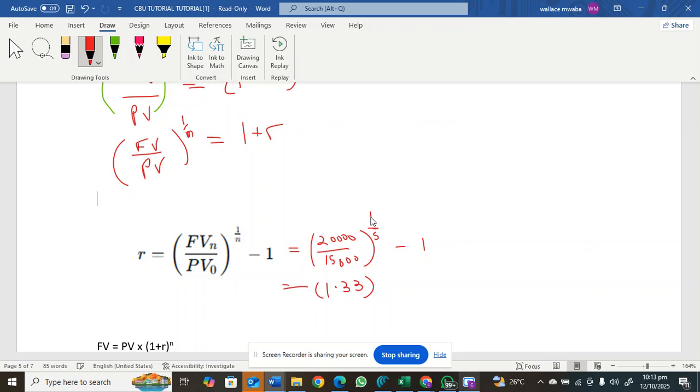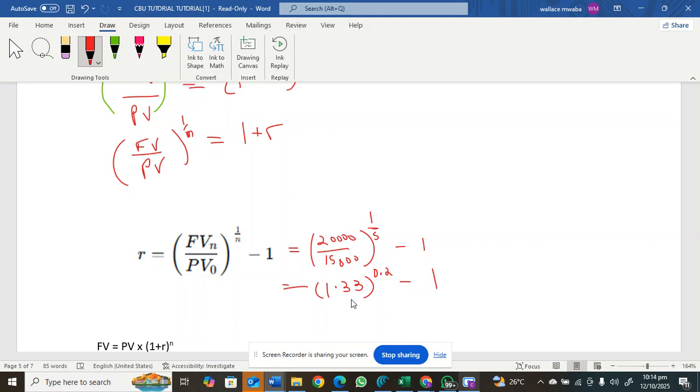This fraction, you can convert into a decimal: 1 divided by 5 is 0.2, so that you can easily do it on your calculator. So you're going to say 1.33 to the power 0.2.